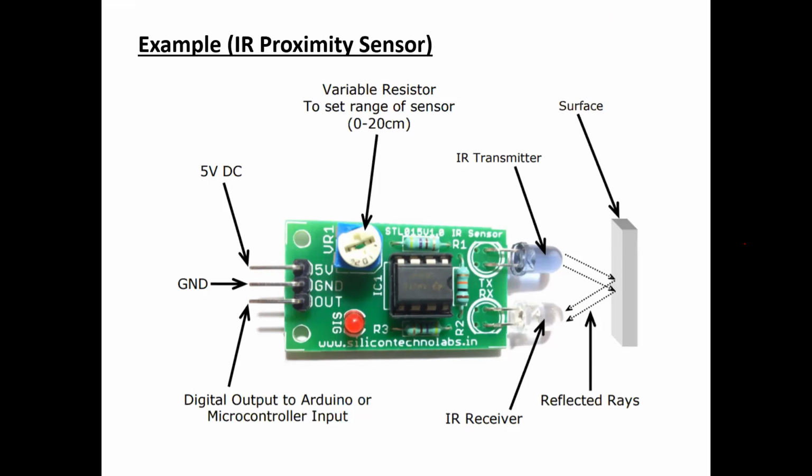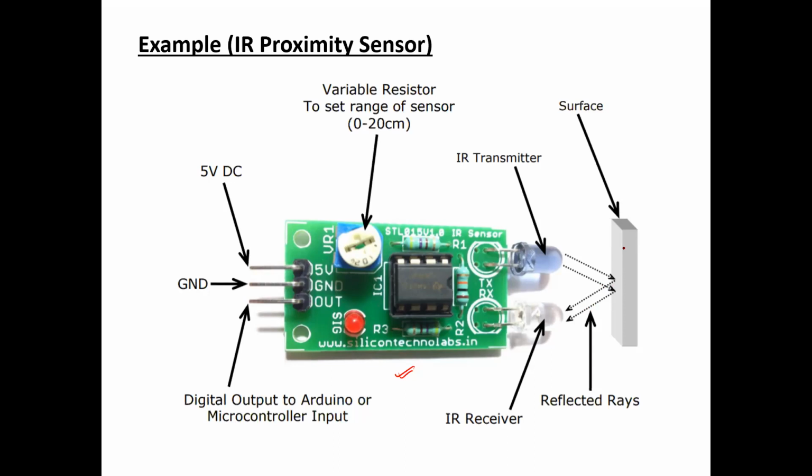Now, if I discuss the working of this particular type of sensor, let me first discuss what are the elements present in this sensor. First of all, in order to detect an object in close proximity, a transmitter should be there which will transmit energy, and a receiver should be there that will receive the reflected energy.